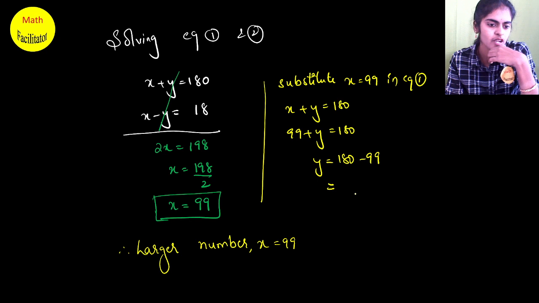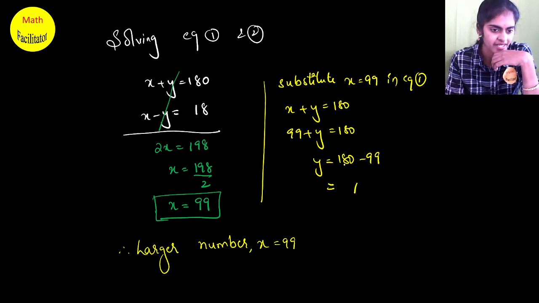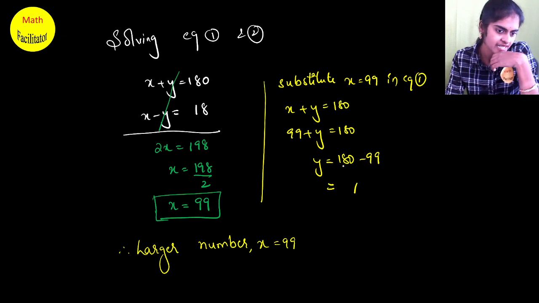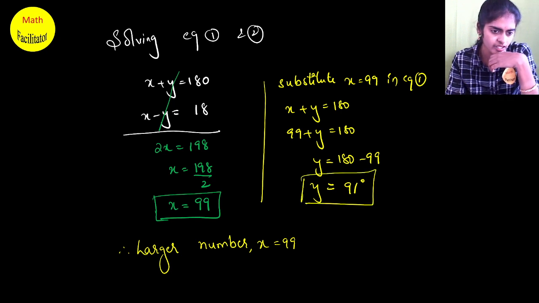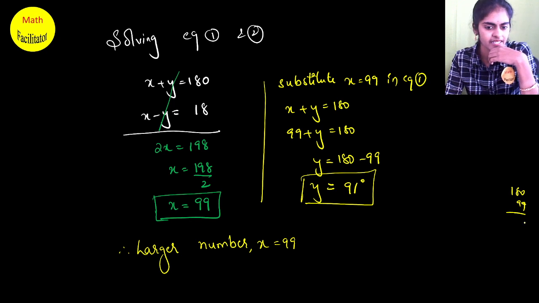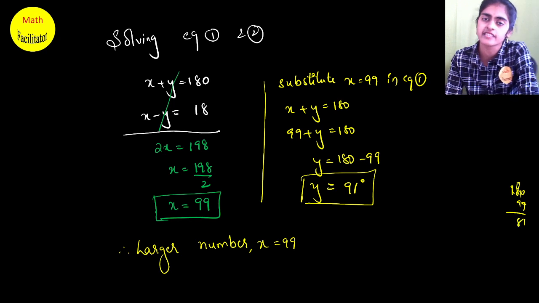180 minus 99. So how much are you getting? Is it 91 or 81? So yeah, you are getting 81.